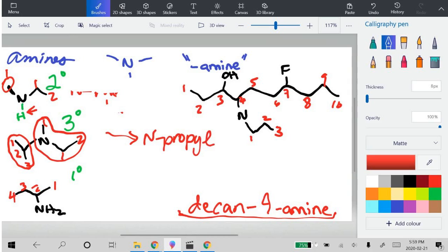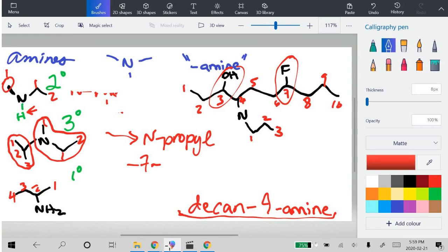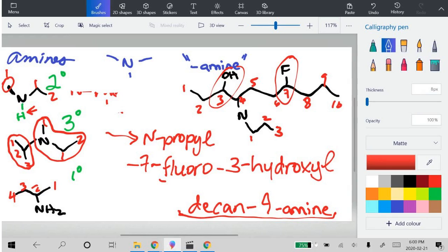And then I can talk about now the backbone substituents, the side chains. So I have off of carbon 7, a 7-fluoro, and off of carbon 3, a 3-hydroxy. 7-fluoro comes first because of the F, and then the 3-hydroxy. If you did it the other way around, I'm sure it would be fine.